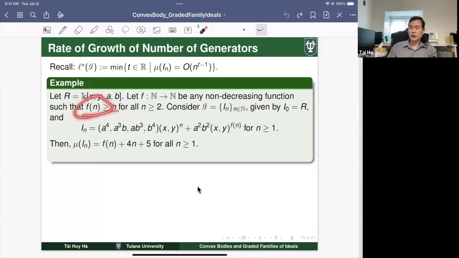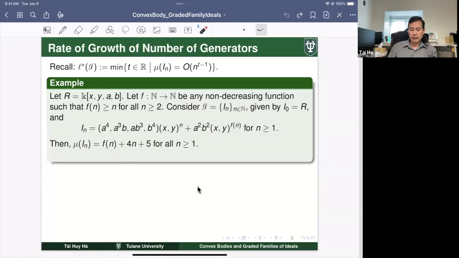You can take any function f(n), and for technical reasons, we're going to assume that f(n) is a non-decreasing function and is always at least n. Then we consider the family of ideals given by (a^4, a^3 b, b^3 a, b^4), so we're missing a^2 b^2 here, times (x, y)^n, plus (a^2, b^2) times (x, y)^f(n).